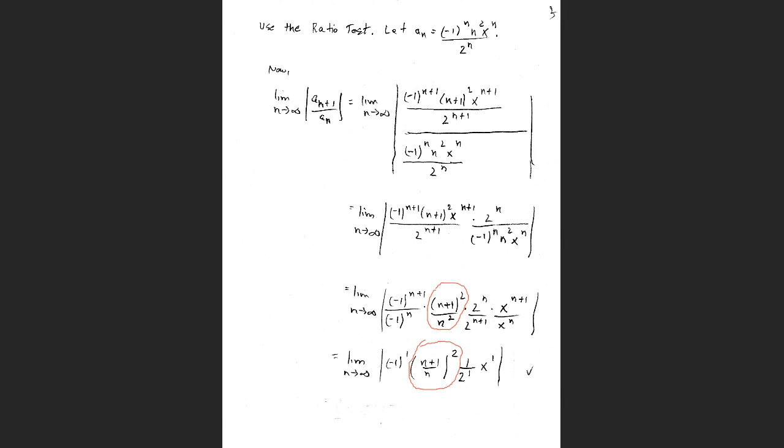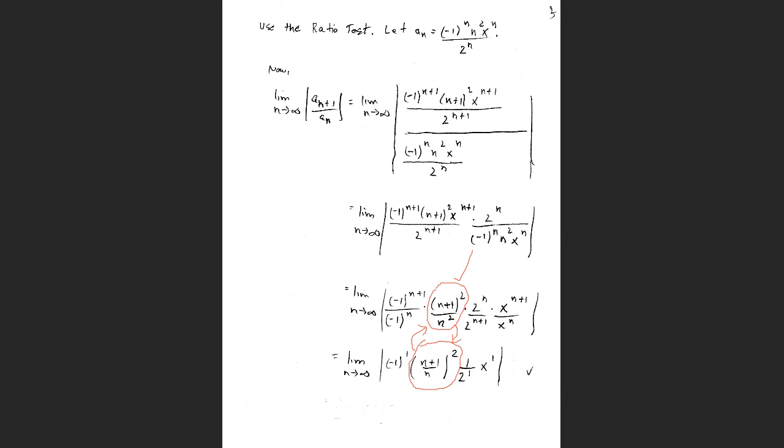Could you go from here to here? Would the quantity n+1 over n, squared, equal n+1 squared over n squared? Yeah, I guess. I don't know. Maybe I'm just having some doubts. That's okay. It's good to ask.